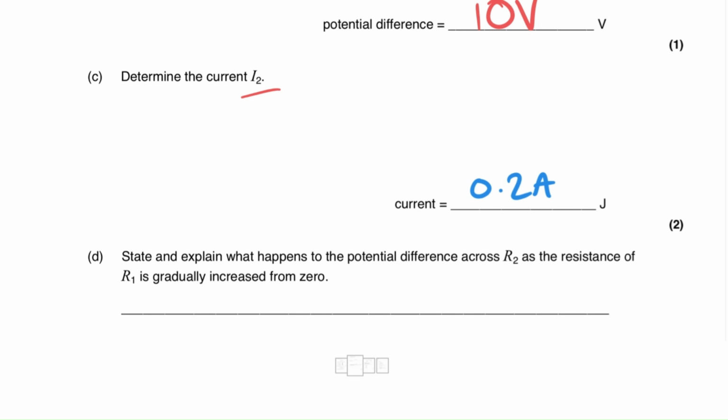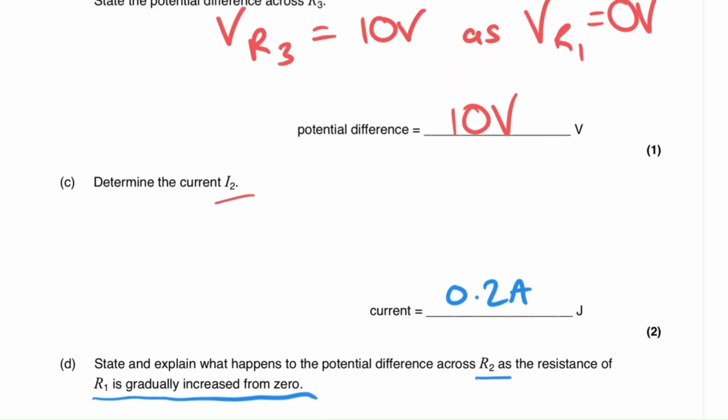Lastly, state and explain what happens to the potential difference of R2 as the resistance of R1 is gradually increased from 0.